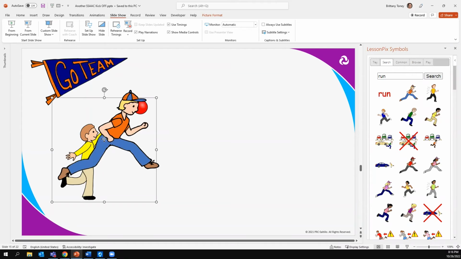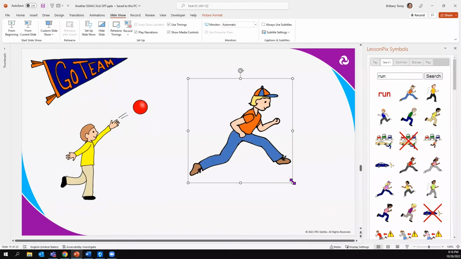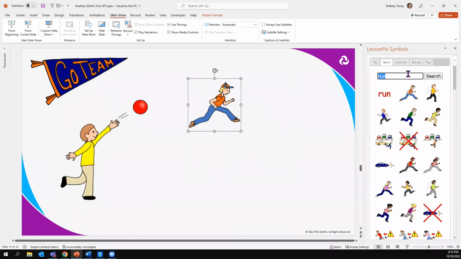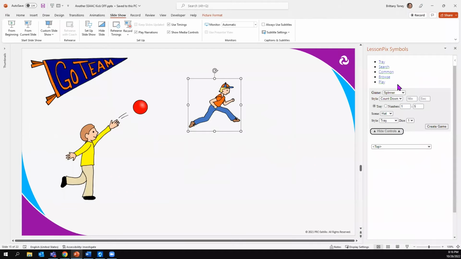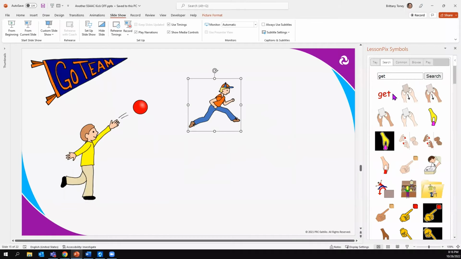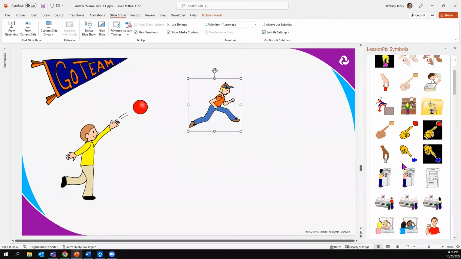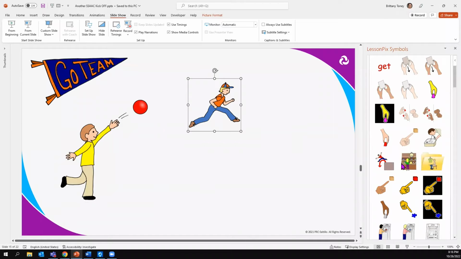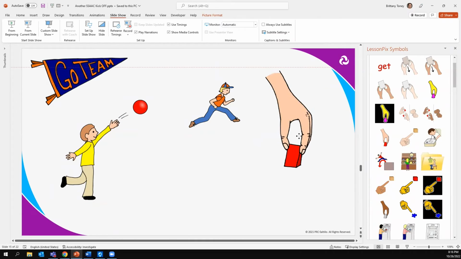Run, this guy is running, and then we'll do get, kick, perfect. Get is kind of more abstract, it's hard to represent that one, but this looks good.